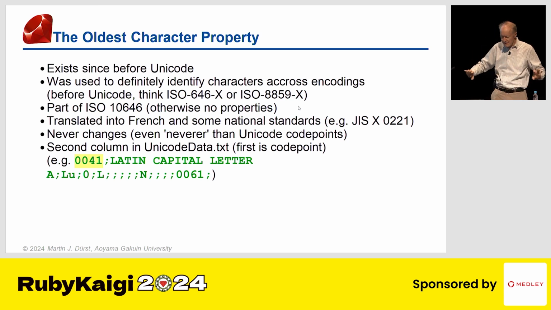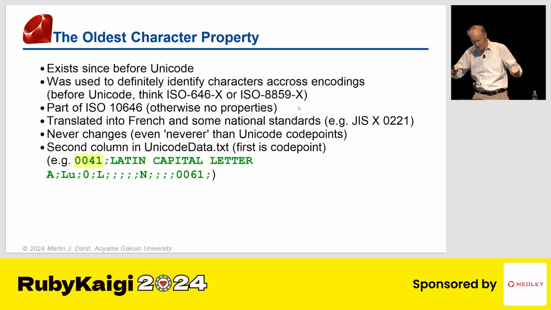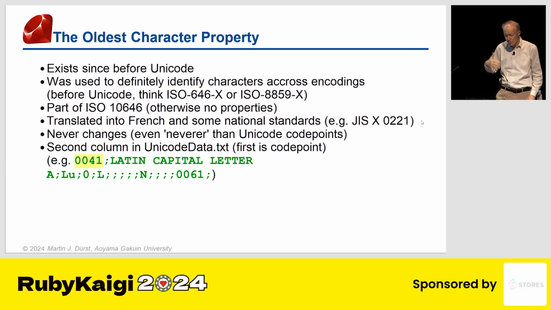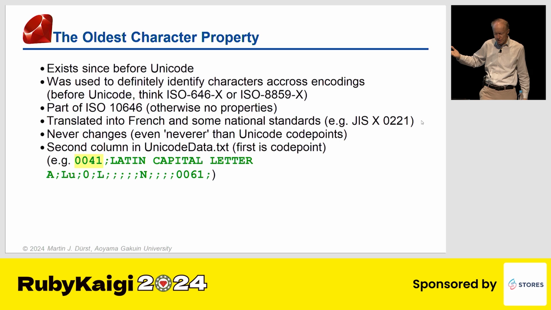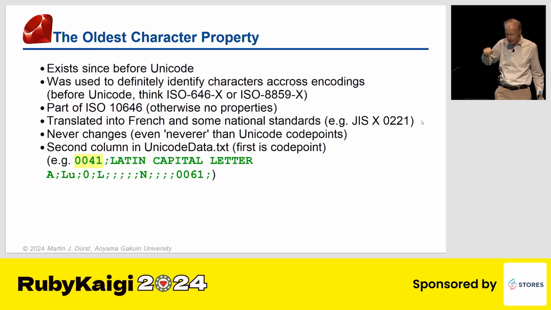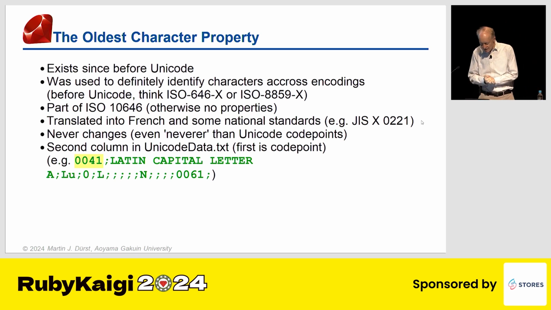They always had the name, and they insisted on names even more than Unicode. The names are also translated into French, maybe even into Russian, because ISO standards are often translated into French and Russian. These are the three official languages. And also into national standards, for example, JIS X0221.